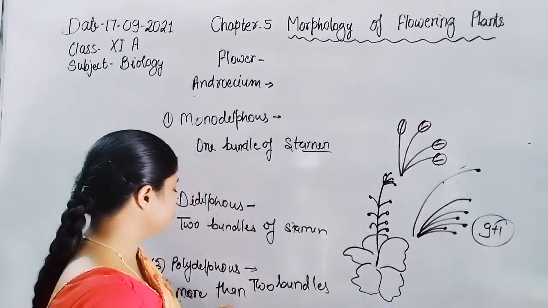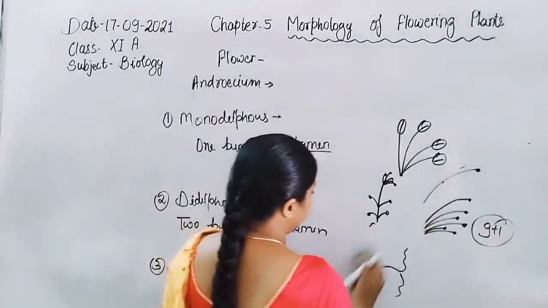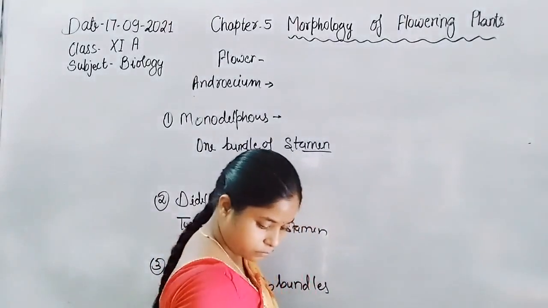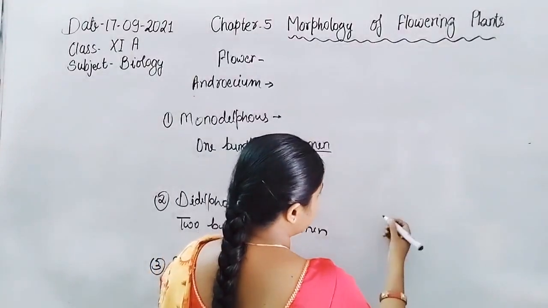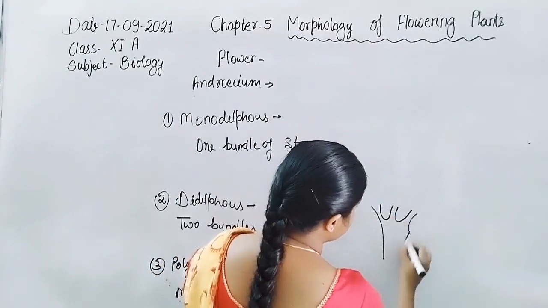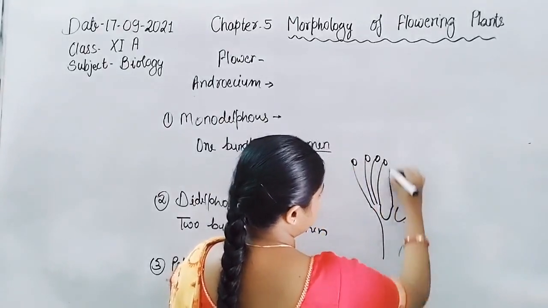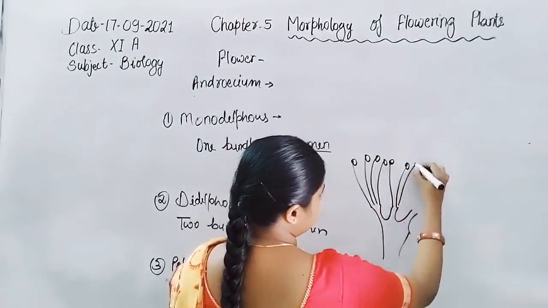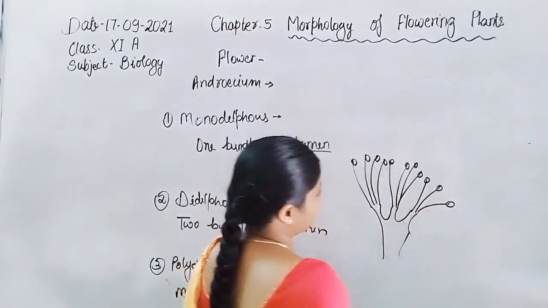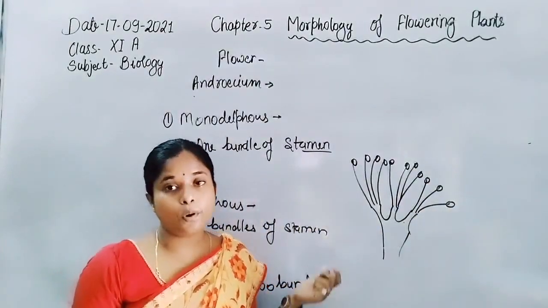If more than two bundles of stamens are found in a plant, such a flowering plant is known as the polydelphous type of androecium. Here, for example, there are so many groups of androecium. Such androecium are included in the polydelphous type.